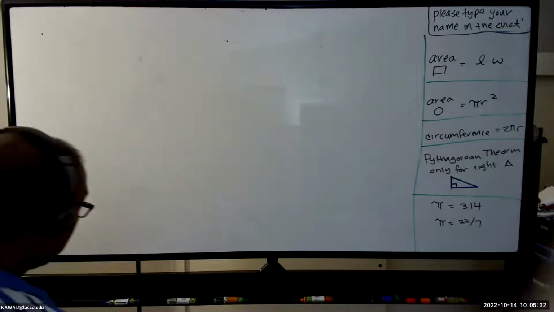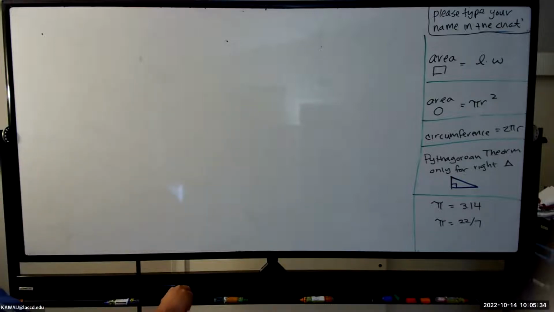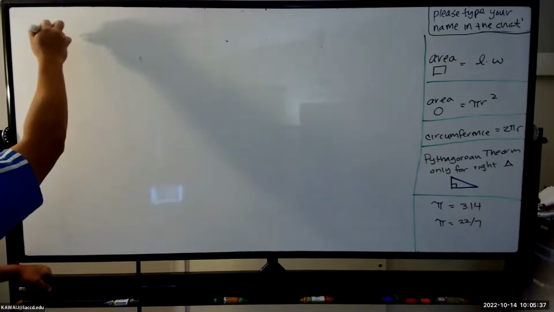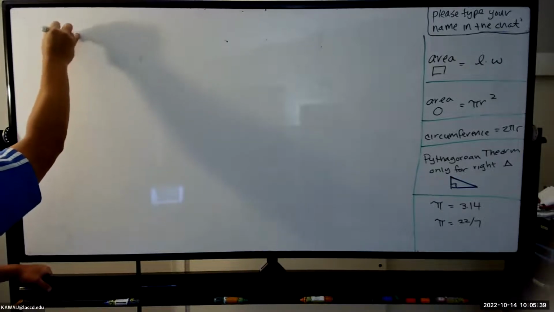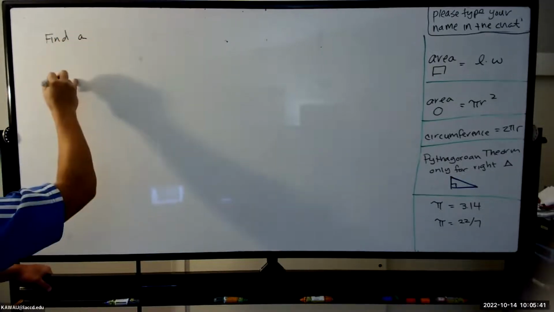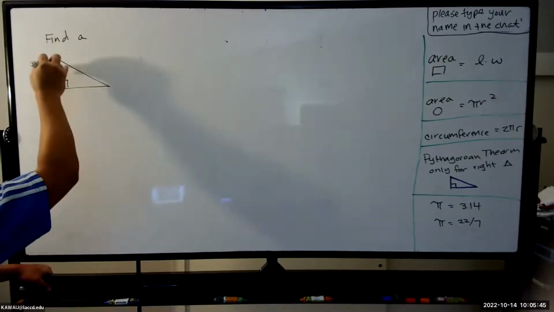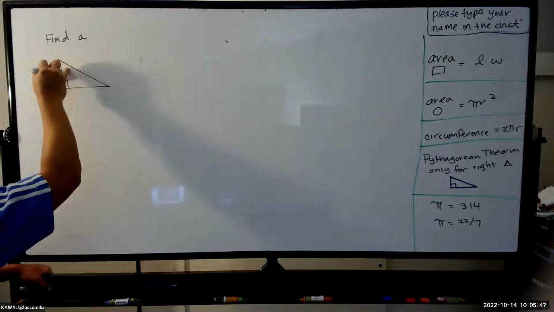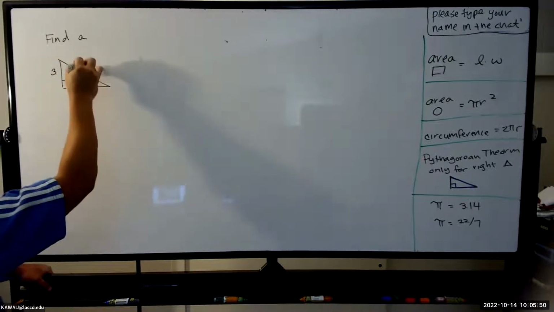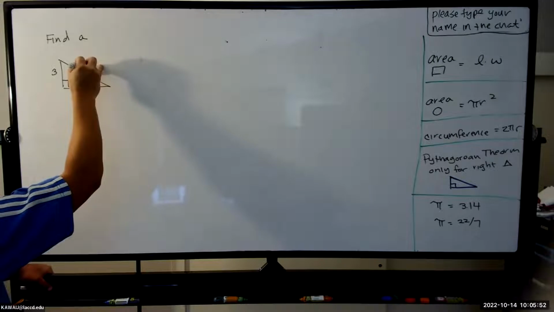Okay. So let's look at something like, find A. So we're going to assume that's a right triangle. We're going to assume that this is 3. We're going to call this A, and then we're going to call this 5.